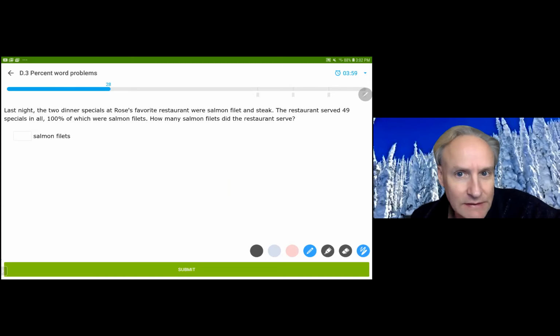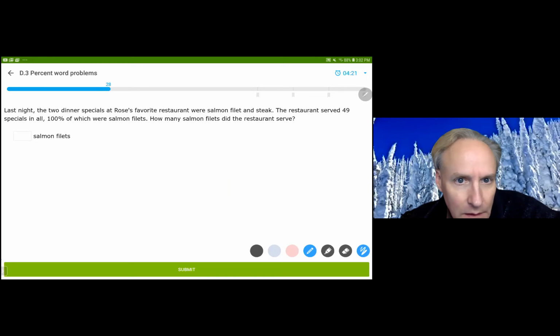It says a restaurant serves 49 specials in all, and it says dinner specials were salmon, filet, and steak. If they served 49 specials in all, 100% of which were salmon fillets, how many salmon fillets did the restaurant serve?